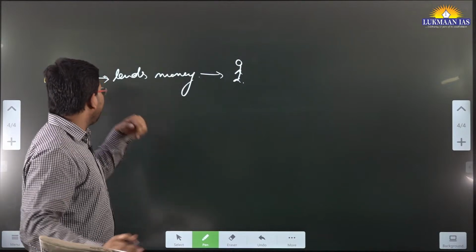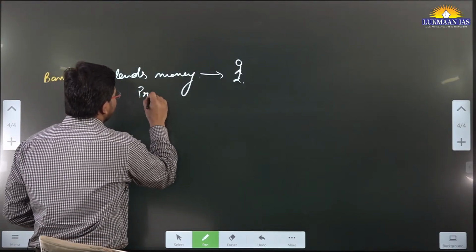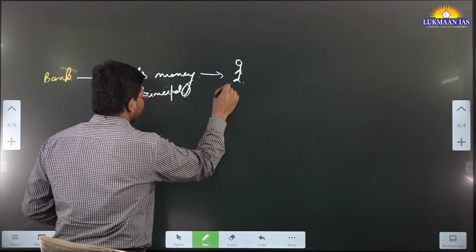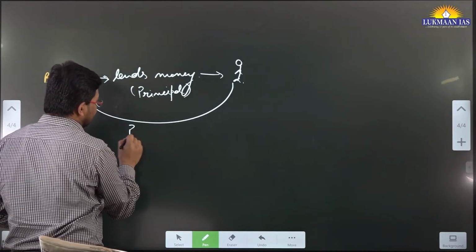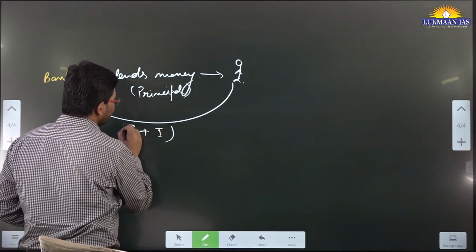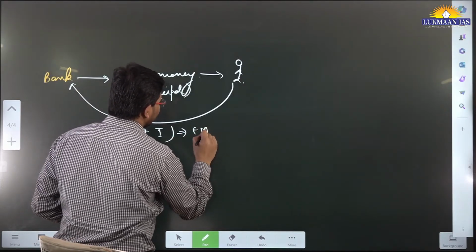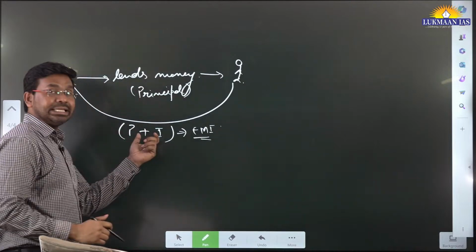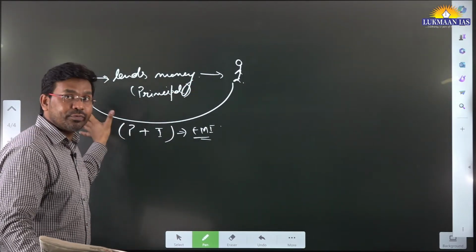Say the bank lends some money, which we call the principal. The borrower repays the bank the principal plus interest, paying in equated monthly installments, EMI. The interest that customers pay is the profit for the bank.